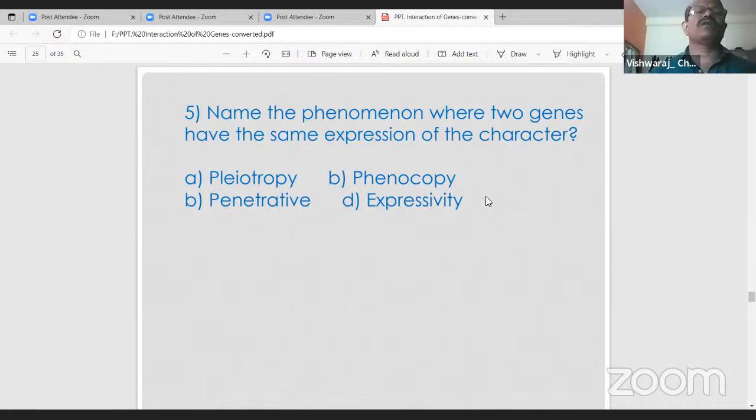Name the phenomenon where two genes have the same expression of the character.